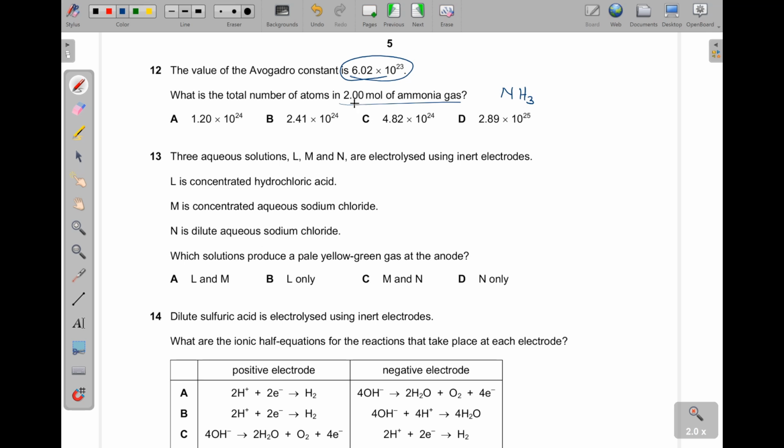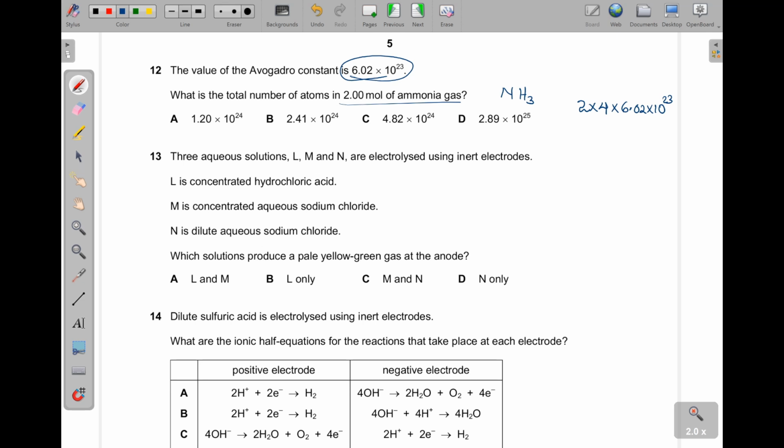Now we have 2 moles. That means the number of atoms is going to be 2 moles, times the number of atoms we have here, which is 4, times 6.02 times 10 to the power 23.